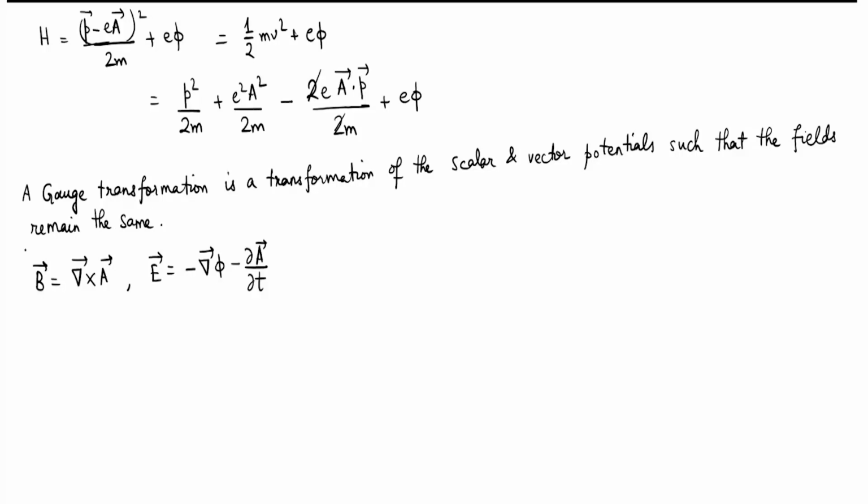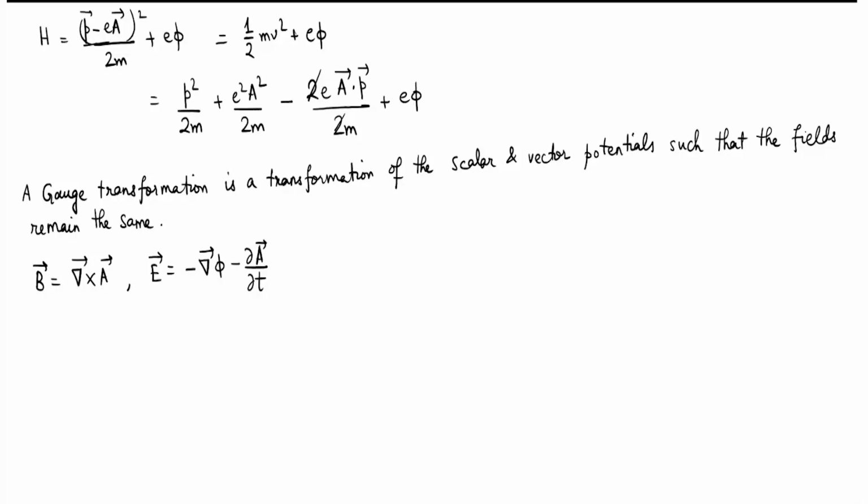So these are your formulae for the electric and magnetic fields in terms of the scalar and vector potentials. So if you do a gauge transformation, it gives you another set of scalar and vector potentials such that the strengths of the electric and magnetic fields are the same.